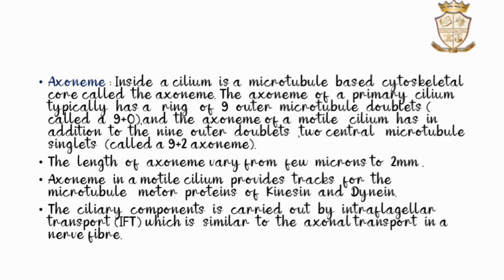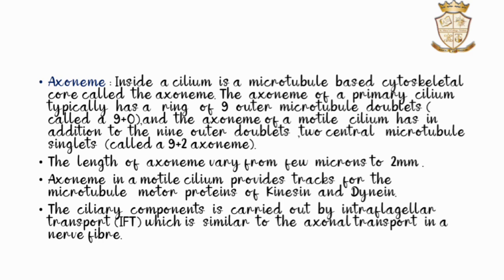Axoneme. Inside a cilium is the microtubule-based cytoskeletal core called the axoneme, and the axoneme of a primary cilium typically has a ring of 9 outer microtubule doublets, that is called 9 plus 0. The axoneme of a motile cilium has, in addition to the 9 outer doublets, 2 central microtubule singlets, called the 9 plus 2 axoneme.